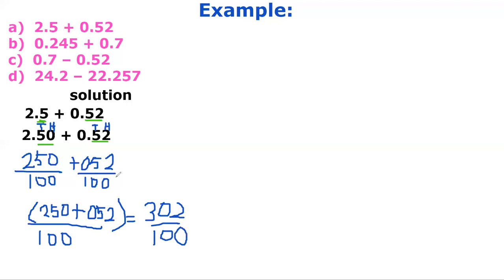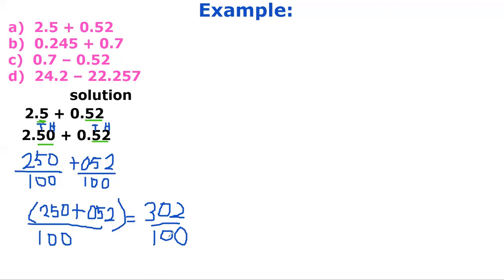You can work it somewhere. Okay. And once you have this one, you have to leave your answer in decimal form. So when you have the 302 over 100, then you're going to leave our answer here in decimal form.